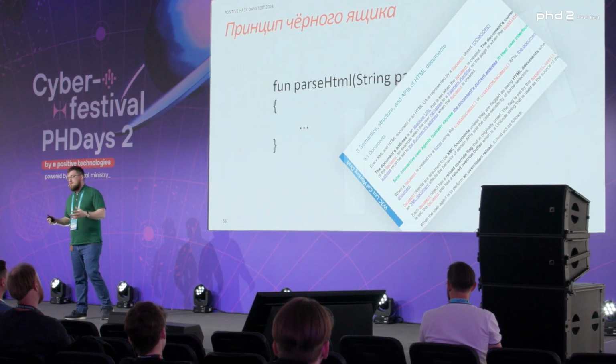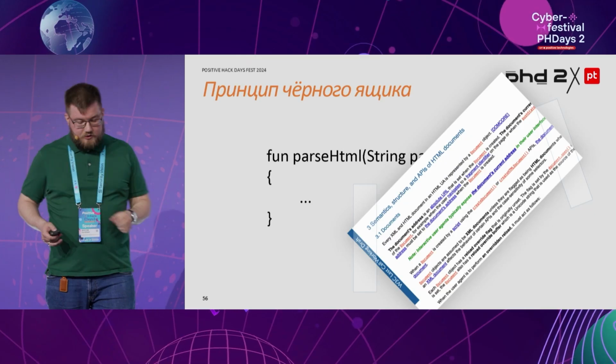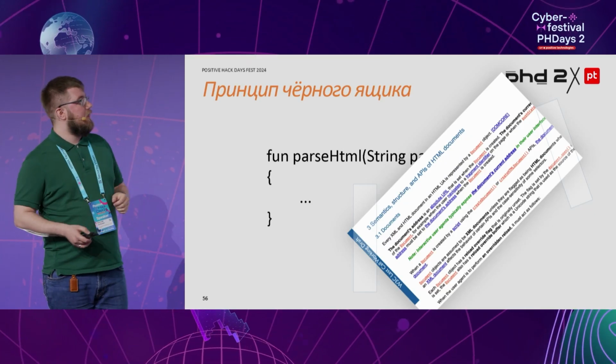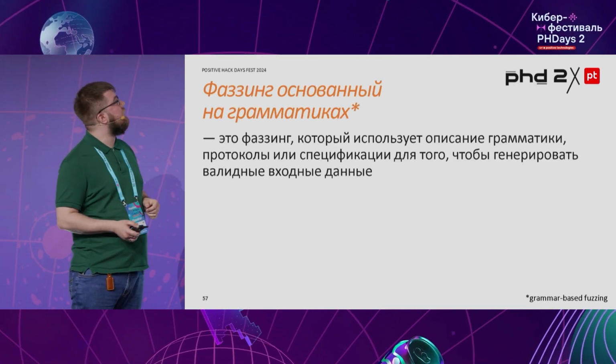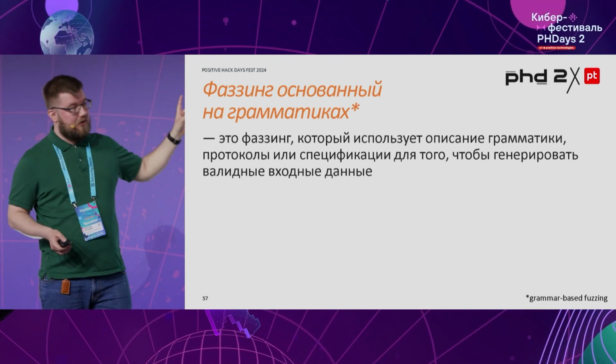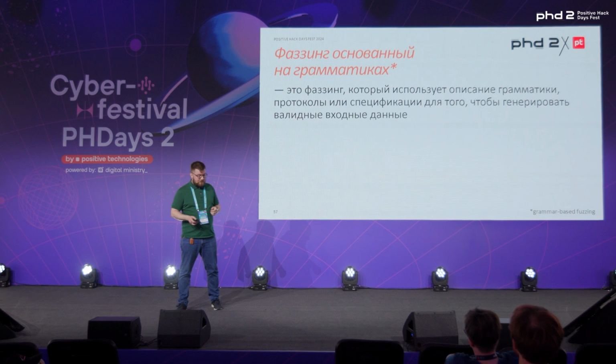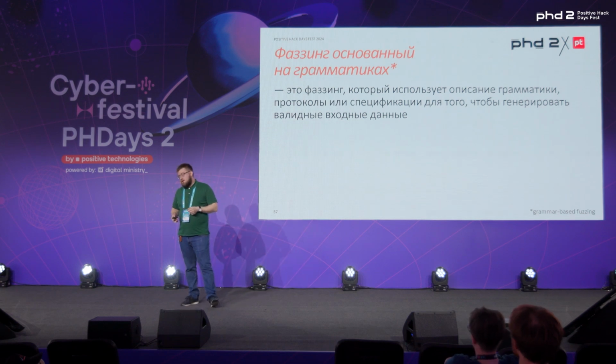You go to the HTML specification, you write the grammar, you code the generator that will generate HTML based on this grammar. Okay, if this is your idea, then you're not the only one who had this insight. It's called grammar-based fuzzing.